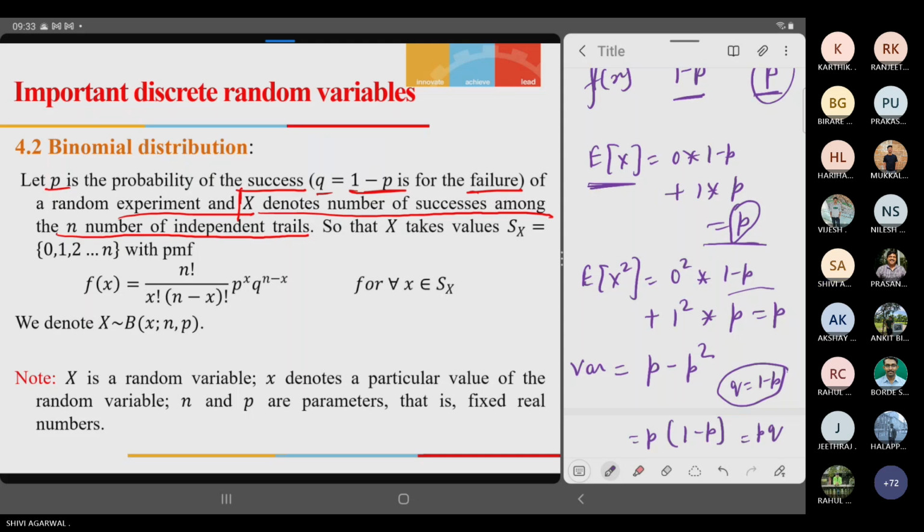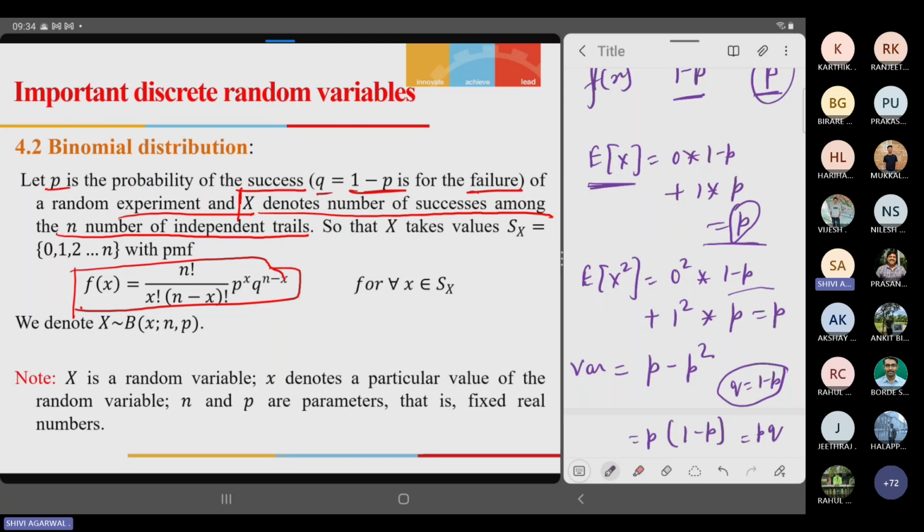So we can say X follows the binomial distribution with the probability density function f(x) equal to n factorial upon x factorial times (n minus x) factorial, p to the power x, q to the power n minus x.